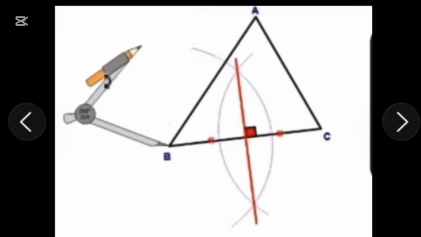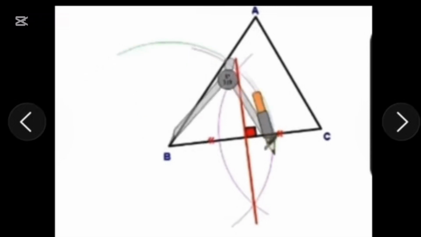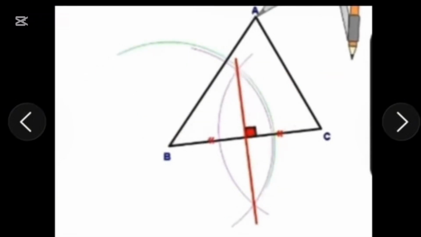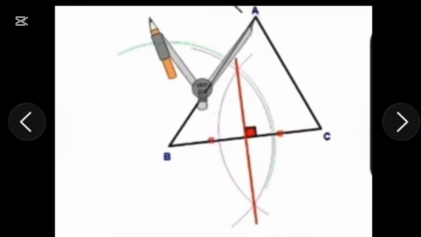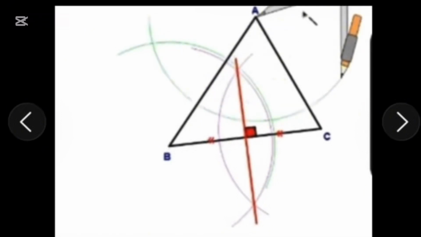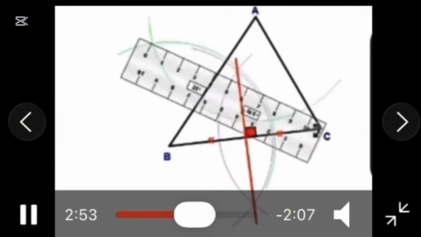Now I draw the first arc like this. Keep the same opening. I put it on A and draw the second arc. The two arcs meet or intersect at 2 points.